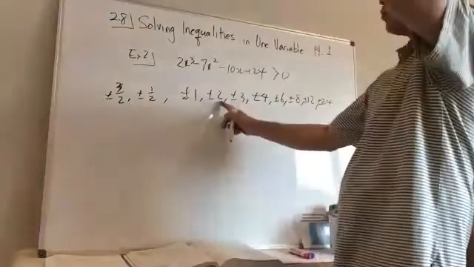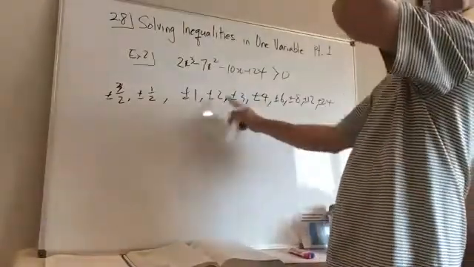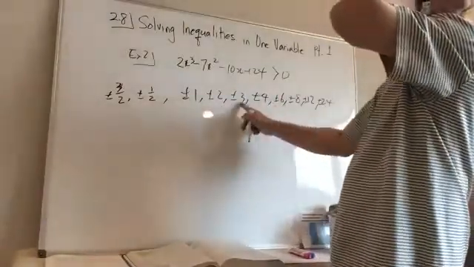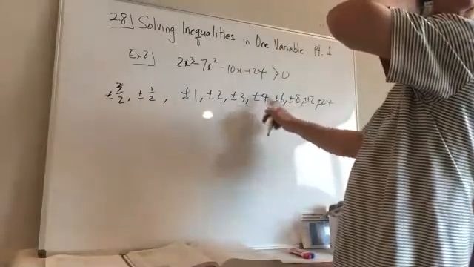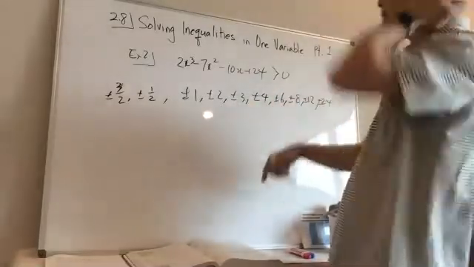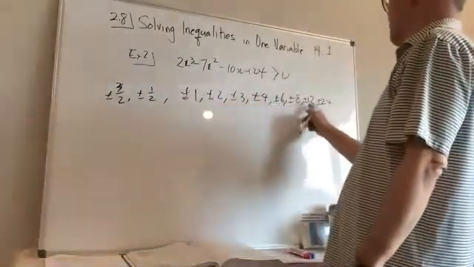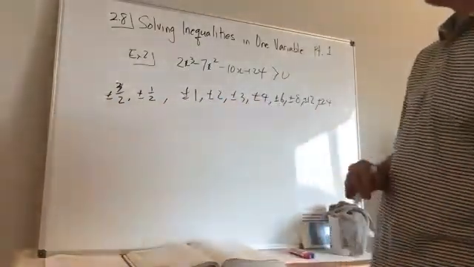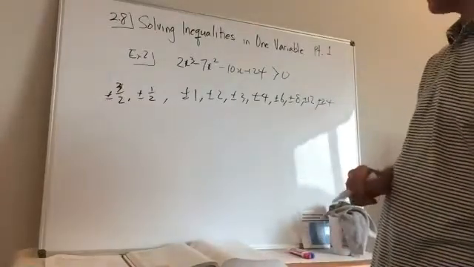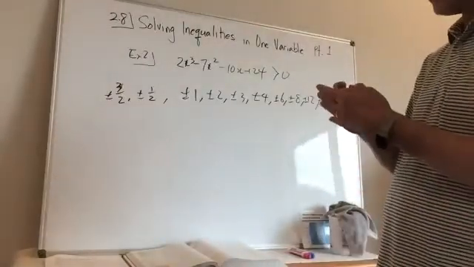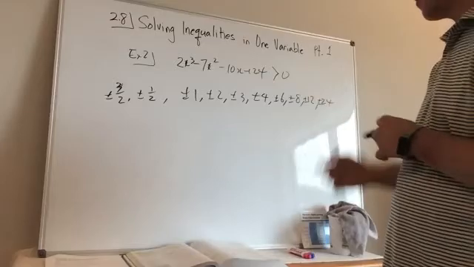If I divide these by 2, they become that. Okay, so we're all good. So 1, 2, 3, 4, 5, 6, 7, 8, 9, 10. So I have 20 different possibilities, right?